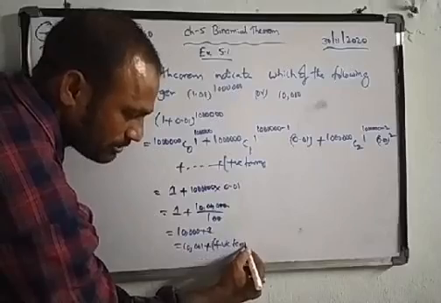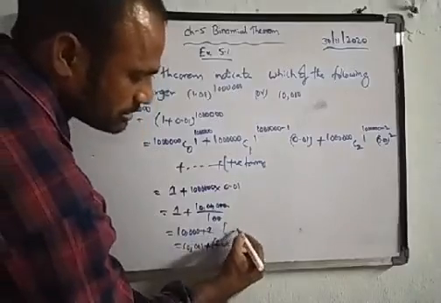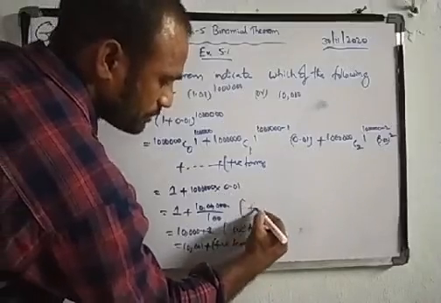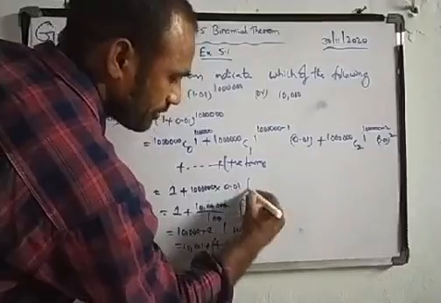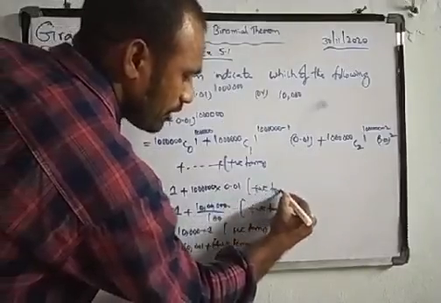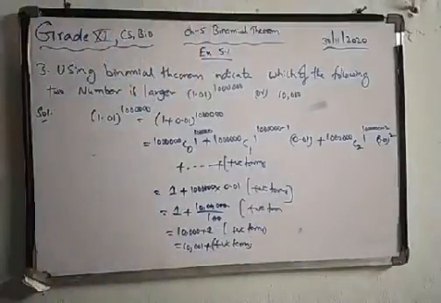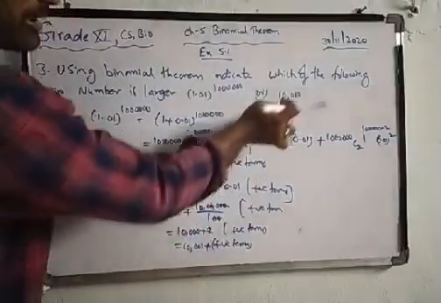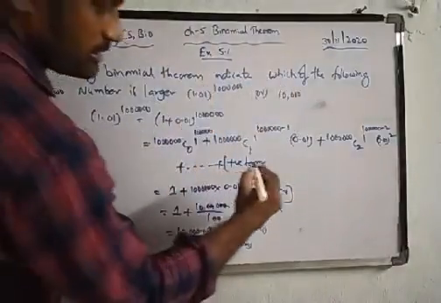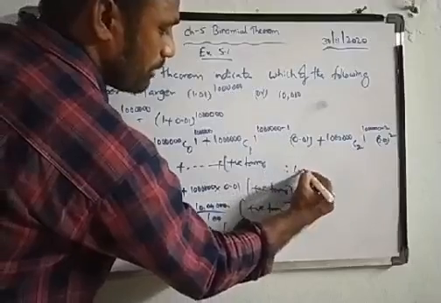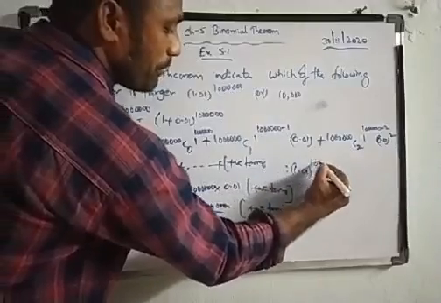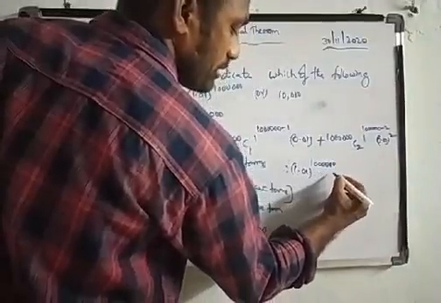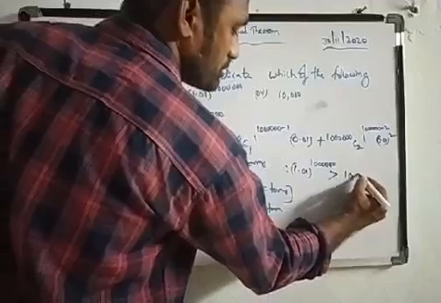There are more terms, but we are not taking all into consideration. All are positive only. If you compare, 10,000 plus 1 here, 10,000 only. So we can say that therefore 1.01 whole to the power of 10 lakh is greater than 10,000.